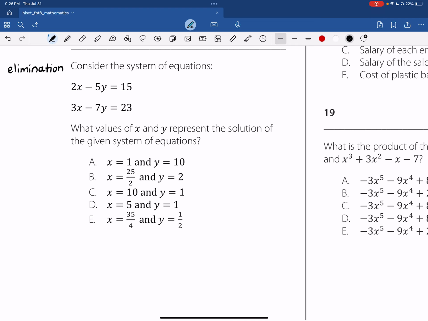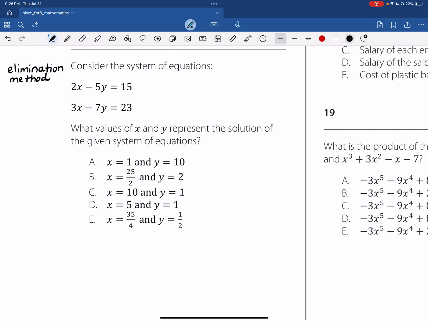But let me show you how to do, or remind you how to do, the elimination method. So with the elimination method, the idea is to raise your equations up so that you can cancel one of the terms, one of the variables. So I'm going to target my x's.